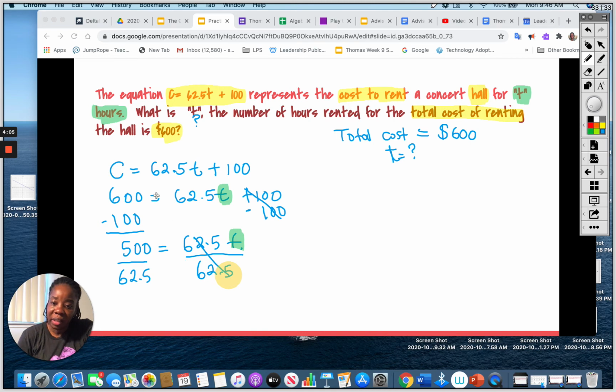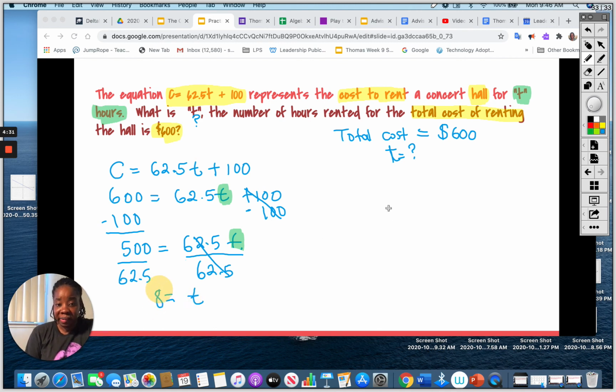And those cancel each other out. So on my right side, there's just that T, which is what I wanted. And then 500 divided by 62.5 should give us a value of 8. So I know T is equal to 8.